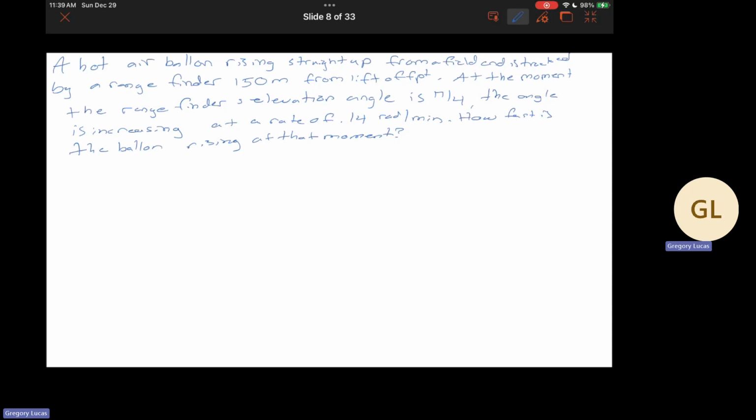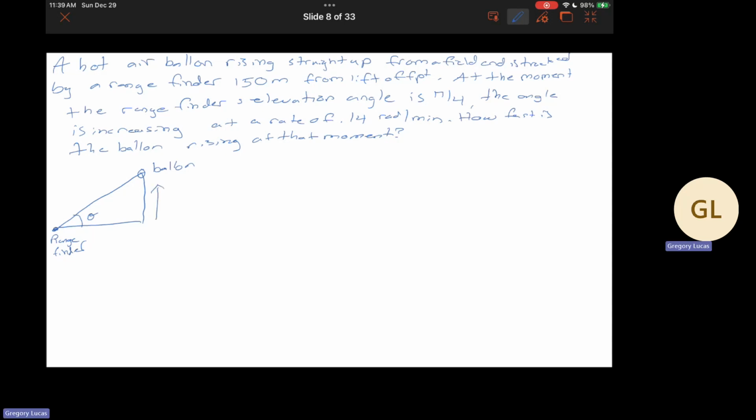Right. So let's start by drawing a picture. So we have a triangle. We're going to look at some angle theta from the rangefinder. We have our balloon.